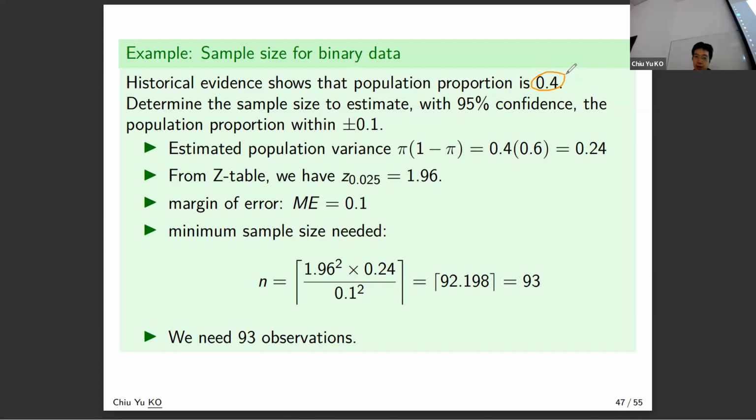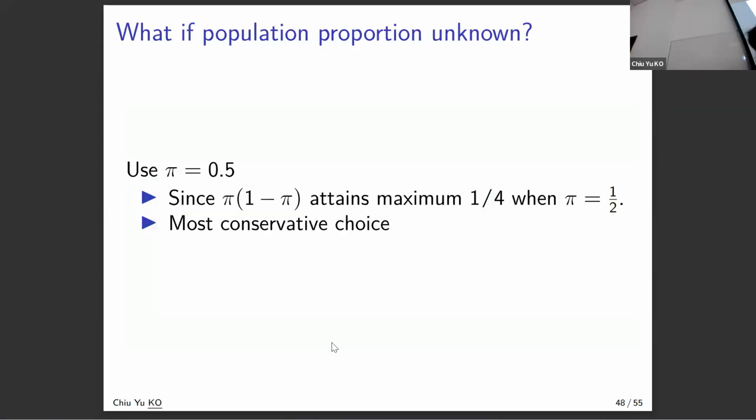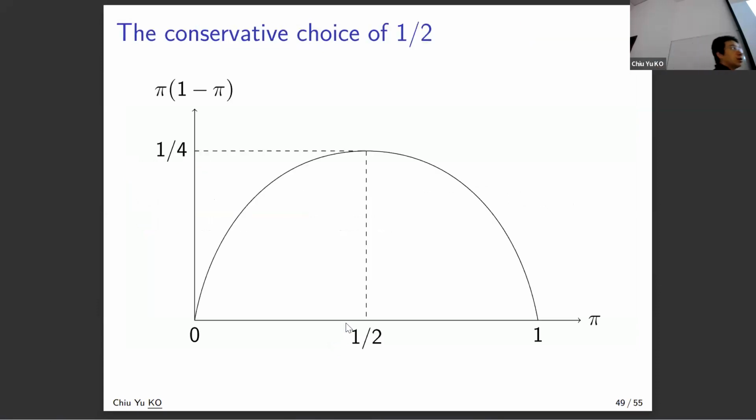The way to do it, people are very smart. The idea is to use the fact that pi times (1 minus pi) is at most a quarter, and the maximum is at pi equal to 1/2. The idea comes from what you learned in high school, that pi times (1 minus pi) is a parabola.